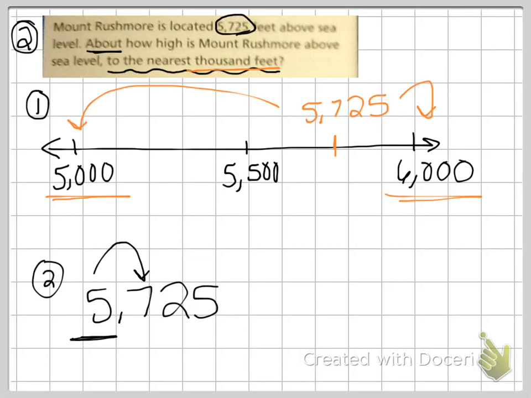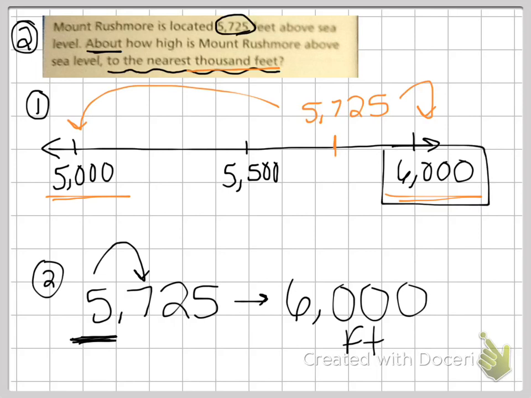So since 7 is greater than 5, I know that I have to bump that 5 in the thousands place up one more. So if I bump up that 5 one more, it becomes a 6, and everything after it becomes zeros. So there's 6,000 feet, which also matches the answer that we got from using the first strategy.